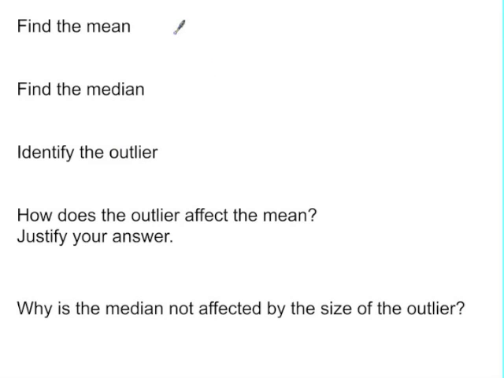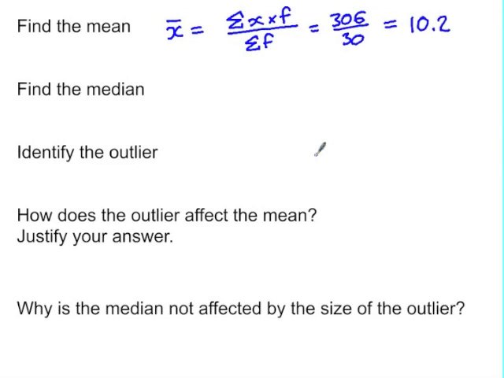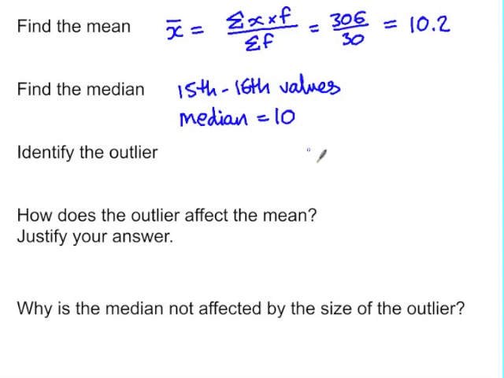To summarise what we've done so far, we found the mean by adding up the scores multiplied by their frequencies and dividing by the sum of the frequencies, which was 306 divided by 30, 10.2. The median was between the 15th and 16th values, and both of those scores were 10, so the median is 10.